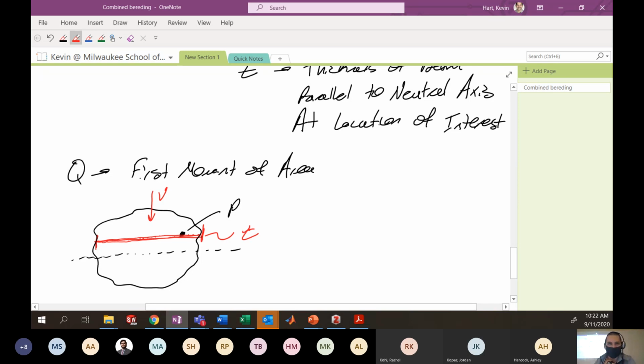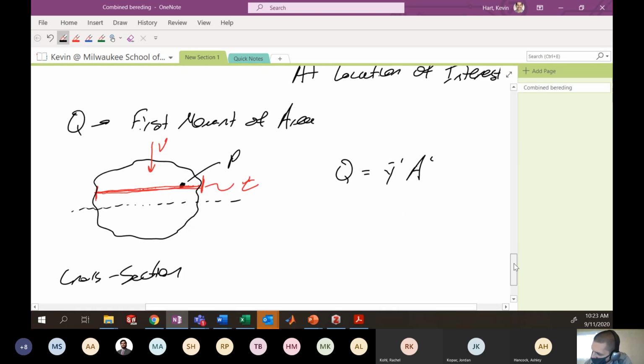So once we've defined that first line, we're able to calculate our first moment of area. The way that we calculate the first moment of area, Q, is with the equation here, y bar prime times A prime, and I'll define each of these.